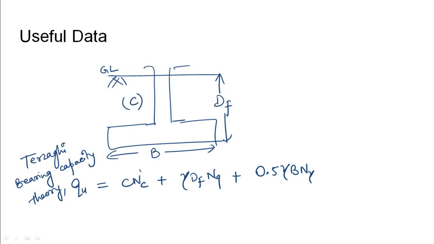Here Nc, Nq and N gamma are bearing capacity factors.